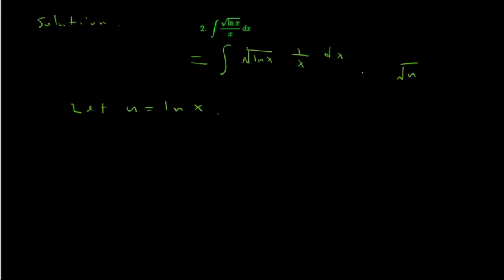Choose u as a function of x, so that one of the two factors has an easy to compute antiderivative. The other function is the derivative of u. This 1 over x is just the derivative of natural log of x, right? So that u will work.